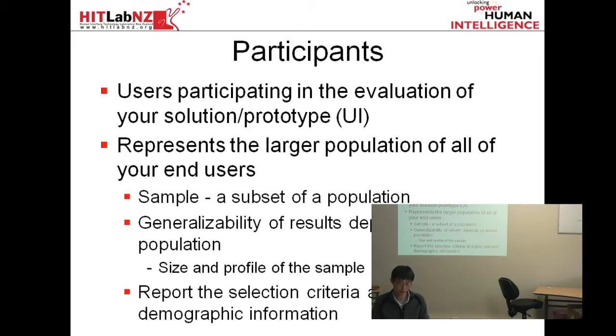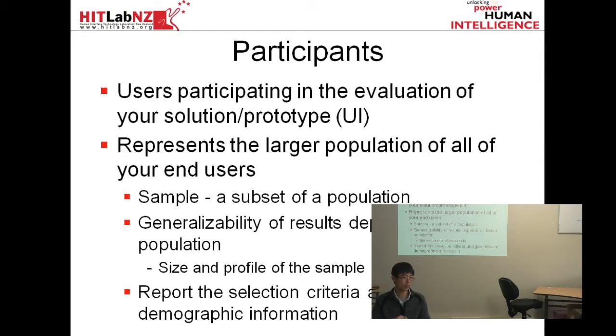So what you do is you ask certain voluntary participants to come and evaluate it. And it's a kind of subset of your target end users. We call them samples of your end users. And since it's sampling from the whole population of your end users, the generalizability of your result could depend on how you sample them, and also the number of participants you had in your study.